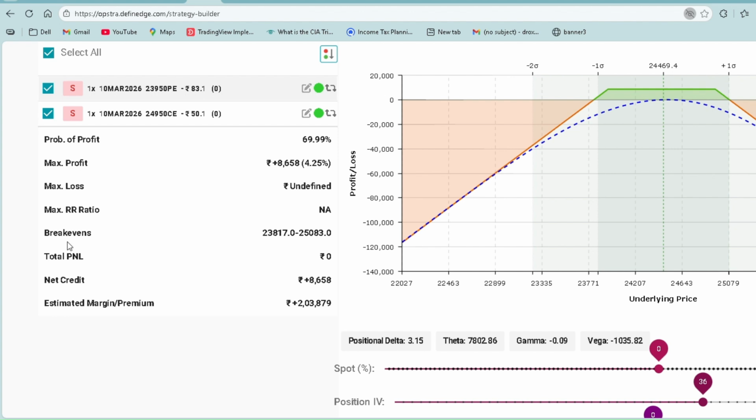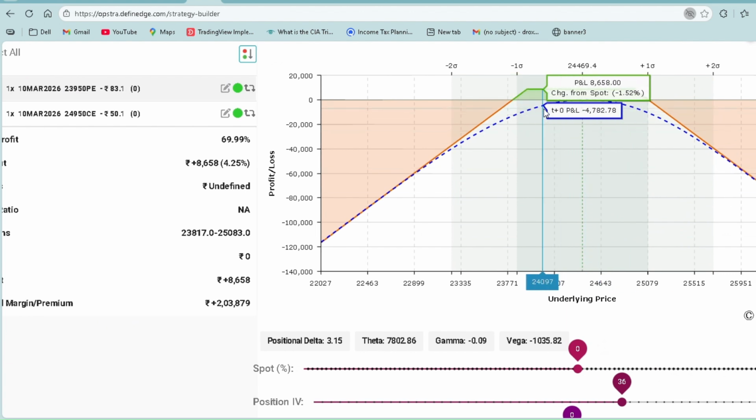Here the break evens are 23,817 on the lower side, and on the upper side 25,083.0. Net credit is 8,658. The estimated margin or premium to use in this strategy is 2,03,879. This is the payoff chart.